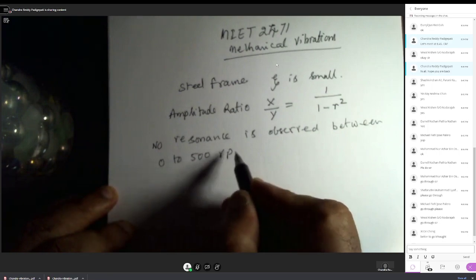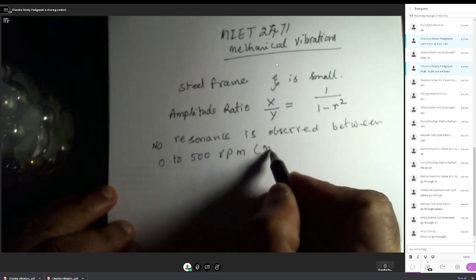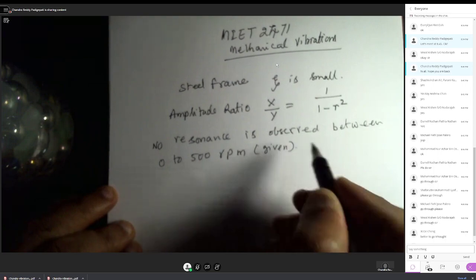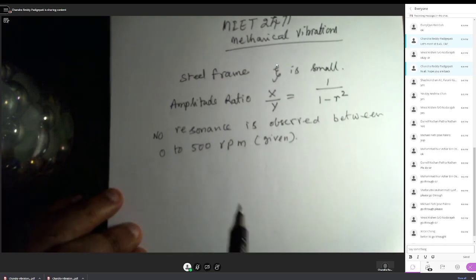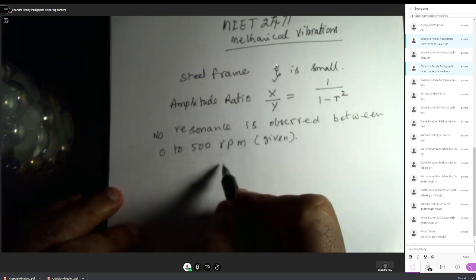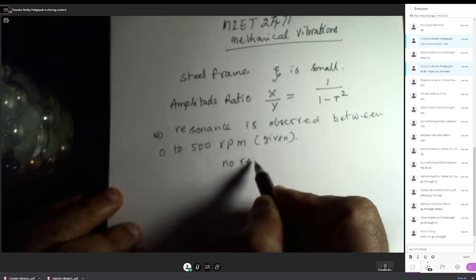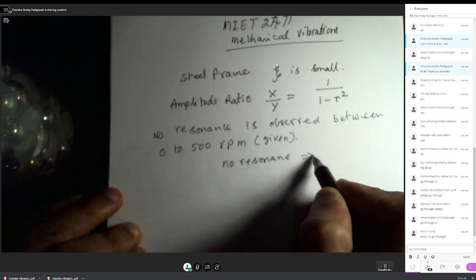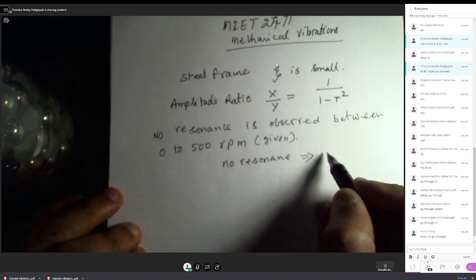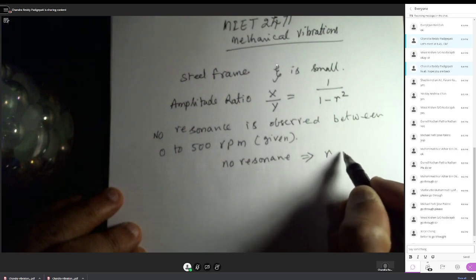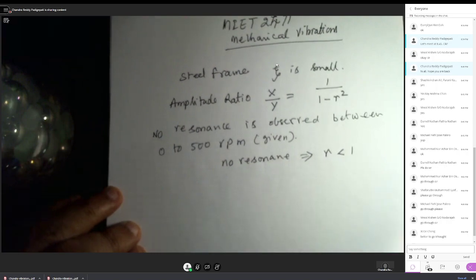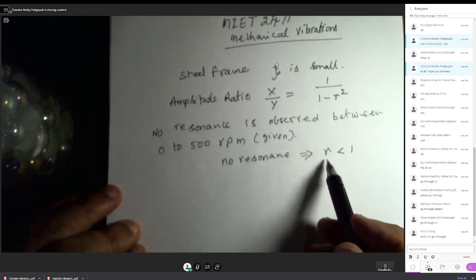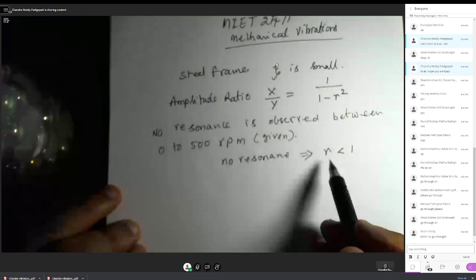So this is given. That means no resonance implies r is less than 1. So the ratio of frequencies will be less than 1.